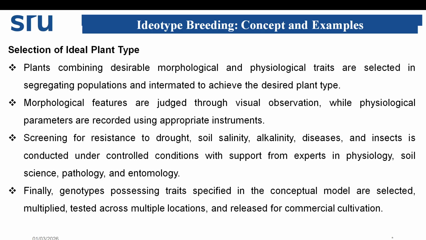You need to screen whatever progenies are there for biotic and abiotic stress across locations, and whatever genotypes possess the traits you have specified in the conceptual model, those genotypes you need to select, multiply, go for multi-location trial, and after that desirable genotypes you can release as a variety for commercial cultivation. So that is how you can develop an ideotype.